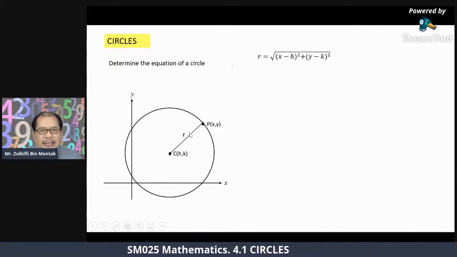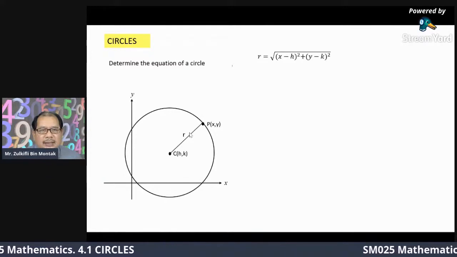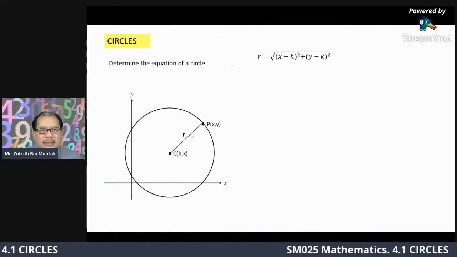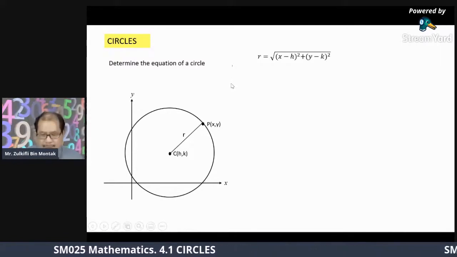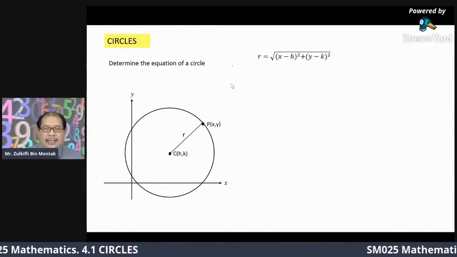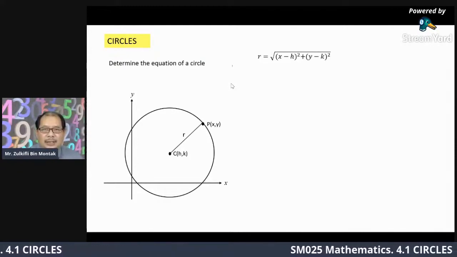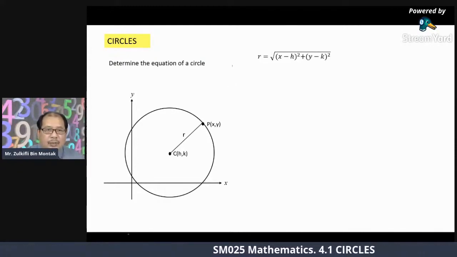In this case, x1 equal to h and y1 equal to k. We use the formula for distance of the 2 points: x minus h square plus y minus k square.